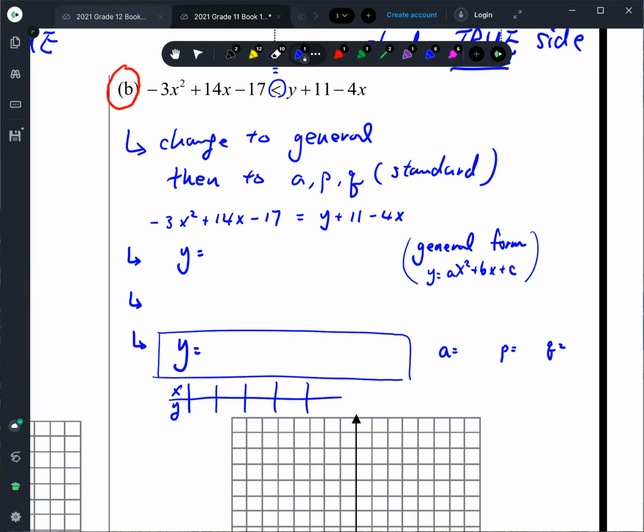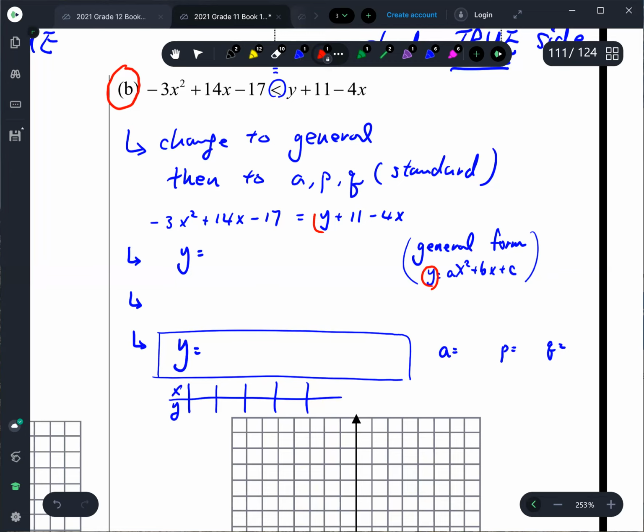Mackenzie, do you know how to get there? Yes or no? No. Okay, keep your mic on. To get to general form, you need to isolate the y. Keep the y by itself.